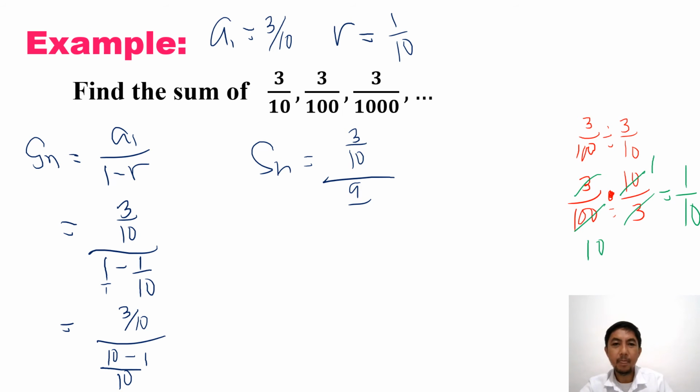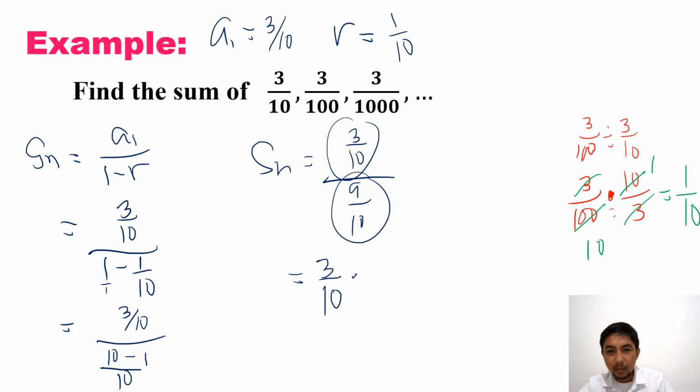Just copy 10. And the same process, this is numerator, denominator, and both are fractions. So just copy the numerator, and then get the reciprocal of the denominator. So 9 over 10, reciprocal is 10 over 9. And then you proceed to multiplication.